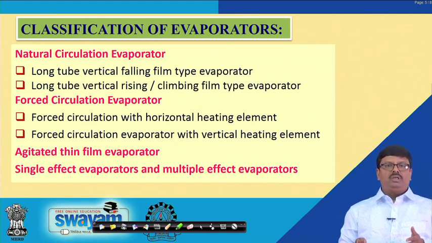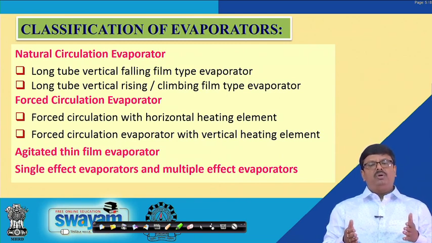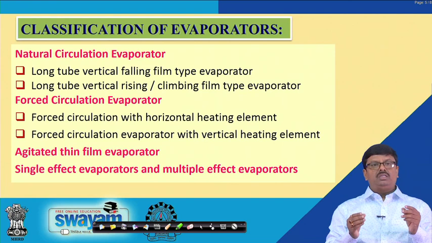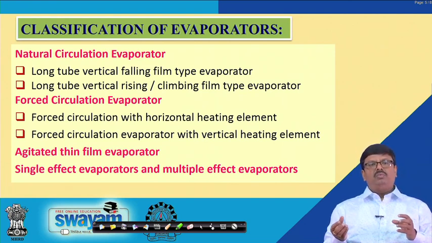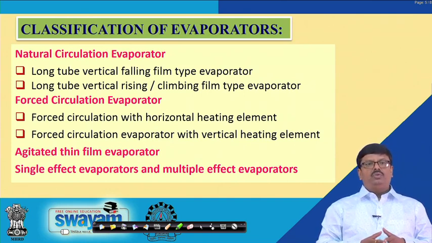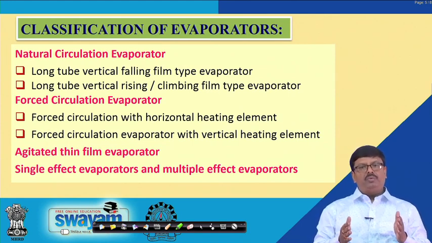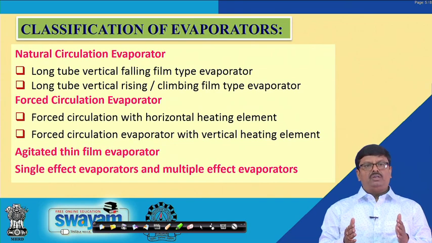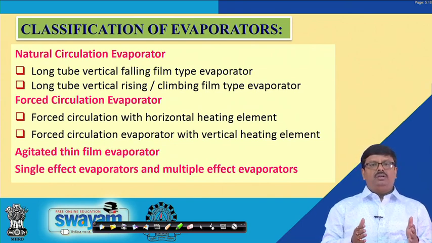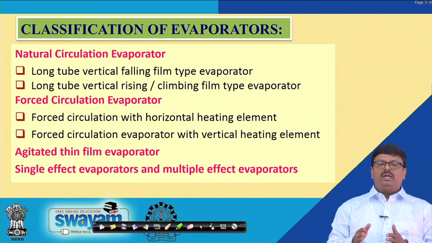First, the natural circulation evaporator. Natural circulation evaporator means there is no requirement of a pump or any external force. We do not require any external agency for the evaporation process to be carried out; the evaporator will function naturally by circulating the fluid. So, there is no need to attach any pump.